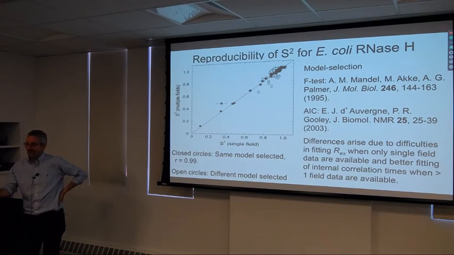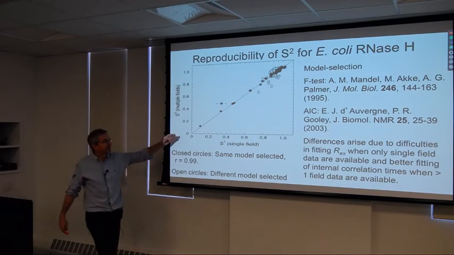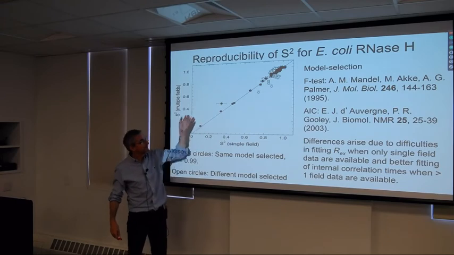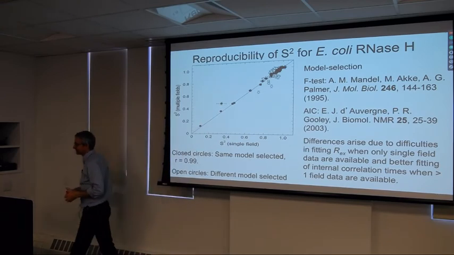So there tended to be more data fit with internal correlation times in the data set with 3 fields than 1 field, and fitting more correlation times also affected the order parameters. So one side reflects one difference, the other side reflects another. I don't remember which is which.